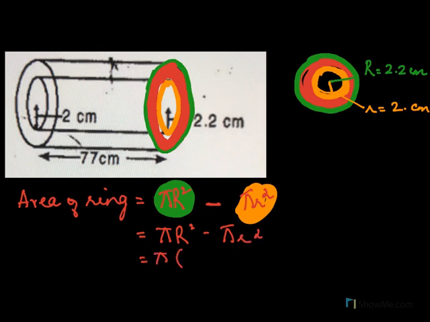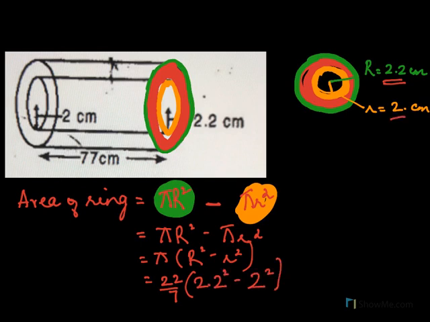We take pi common out, and here we have R square minus r square. 22 by 7, R is 2.2 square minus this r, that is 2 square, and you work this out and you'll get 22 by 7 into 0.84.